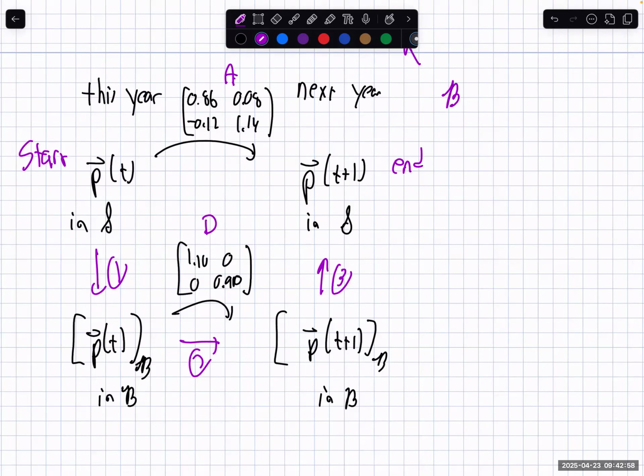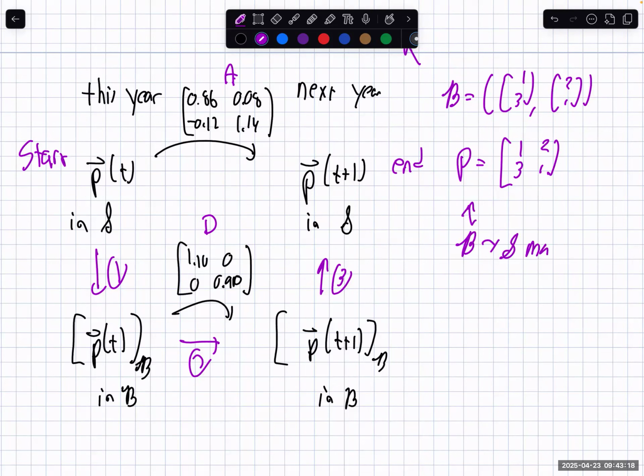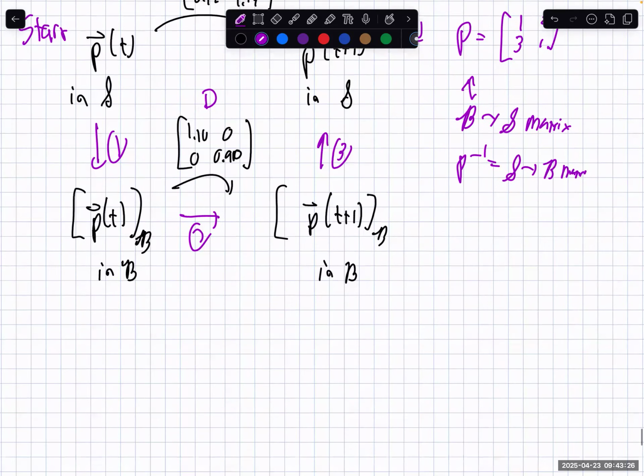Okay, and then remember our eigenbasis is (1, 3), (2, 1). This is the B to S matrix, and P inverse is the S to B matrix.